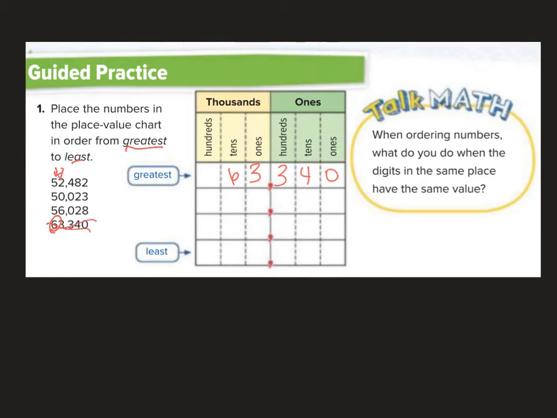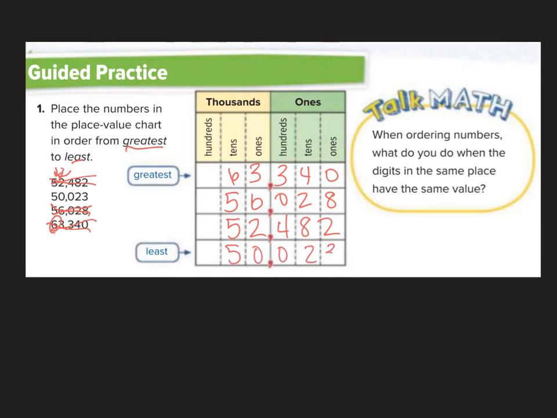Then if I go to the thousands place, I've got 2, 0, and 6. Now we can fix the rest of these guys here because they're all different. So the next biggest is 56,028. Cross off. 52,482 is going to come next. Cross off.